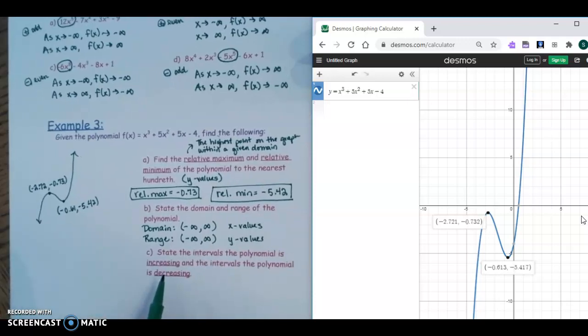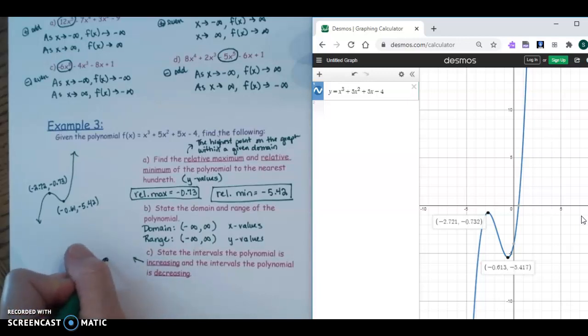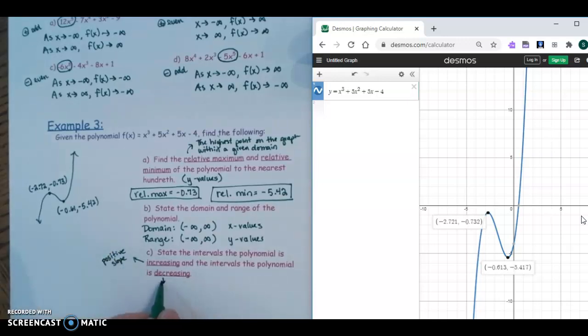So then it asks us to state the intervals the polynomial is increasing and the intervals that it is decreasing. So for the intervals of increasing, I like for my students to think of positive slope. And for decreasing, think of where you would think of negative slope. And we're only going to use x values here.